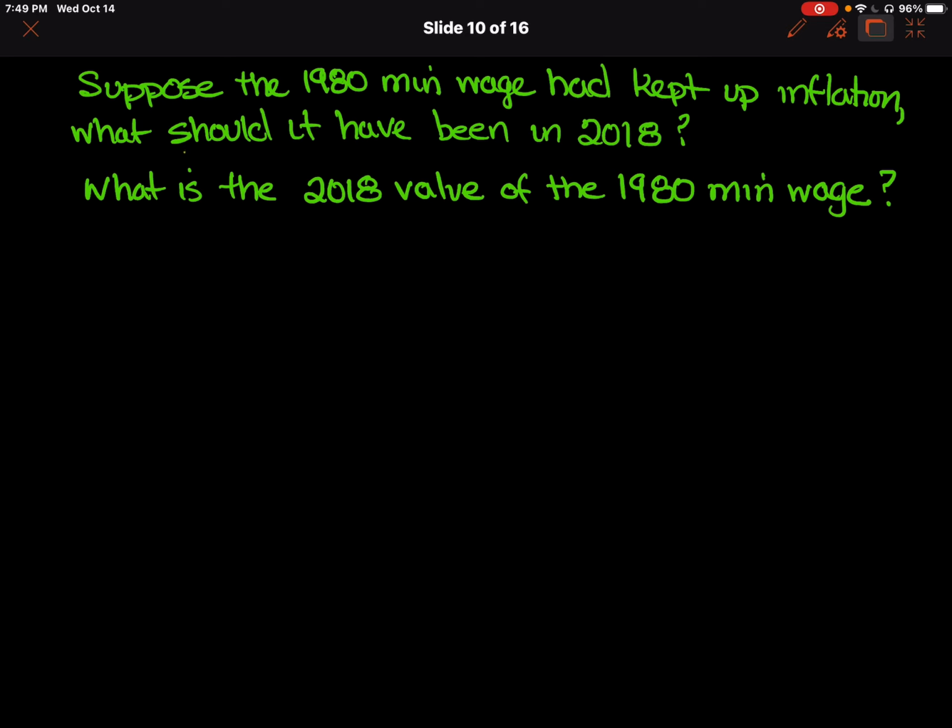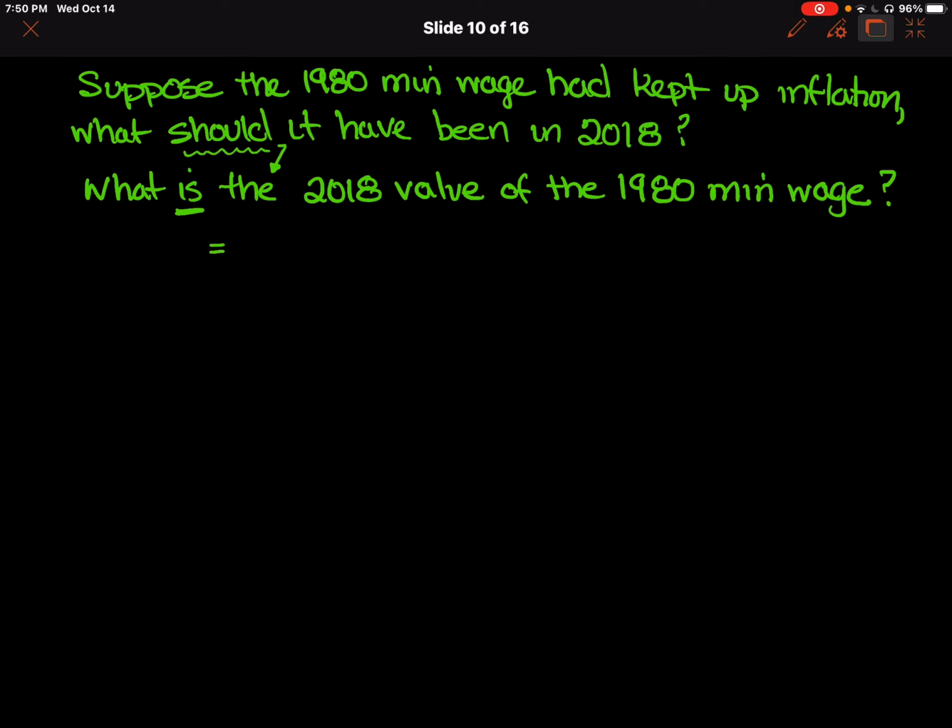That's what I mean by should it have been. It's confusing because I'm using a normative word in a positive sense, but that's why I then wrote this: what is the 2018 value of the 1980 minimum wage?